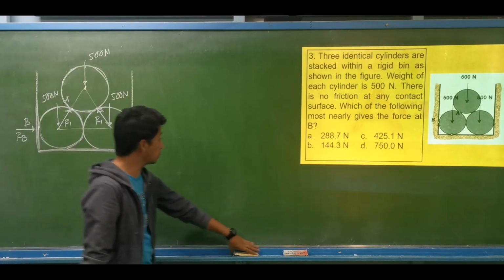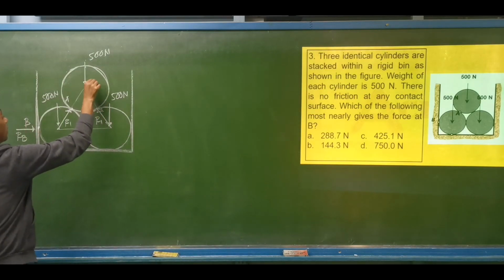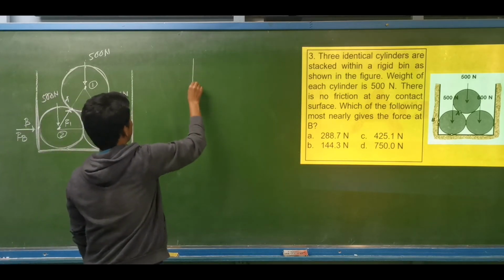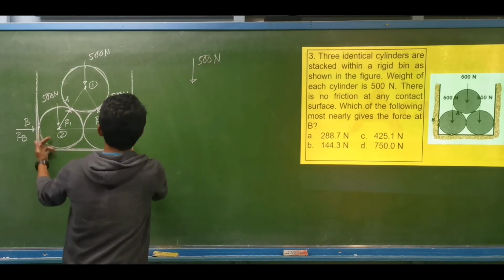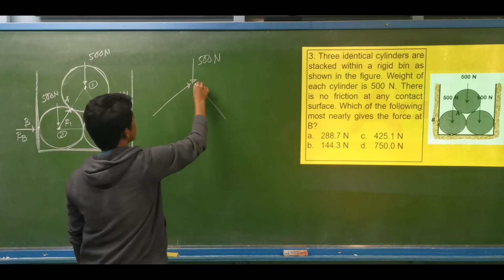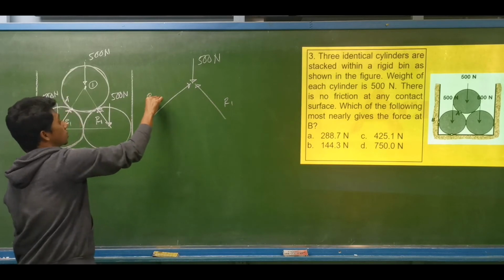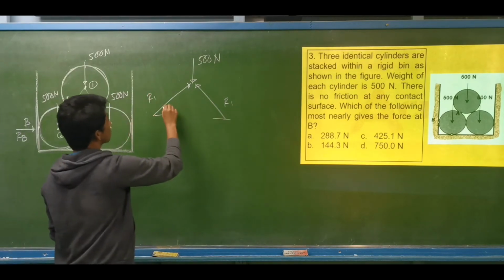If we draw the equivalent free body diagram of the forces, let's say this is point 1 and the center of this cylinder will be point number 2. The downward force of 500 newtons will be counteracted by these two cylinders with equal reaction R1, since they are identical. What will be the inclination of this axial force?